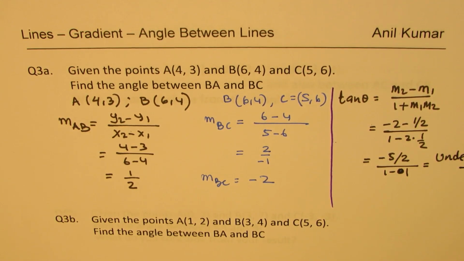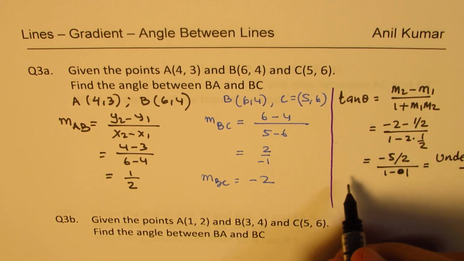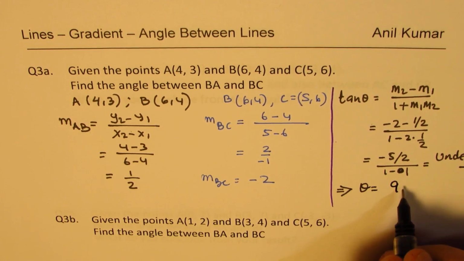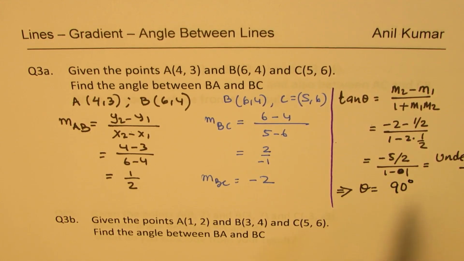What we get here is 0 in the denominator. So tan theta is undefined. That implies what? That means theta is 90 degrees. So that shows that these two lines are perpendicular.